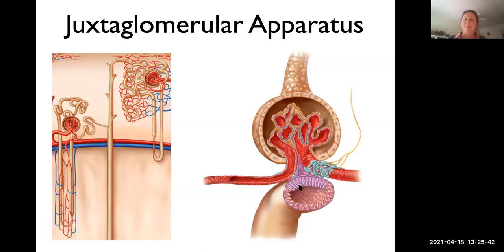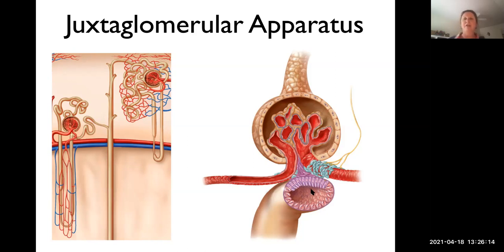Now, if the macula densa senses that the glomerular filtration rate is too high, it sends a paracrine, or a local hormone signal, to the JG cells and tells them to constrict around the afferent arteriole and to relax around the efferent, which will reduce the hydrostatic pressure in the glomerulus.